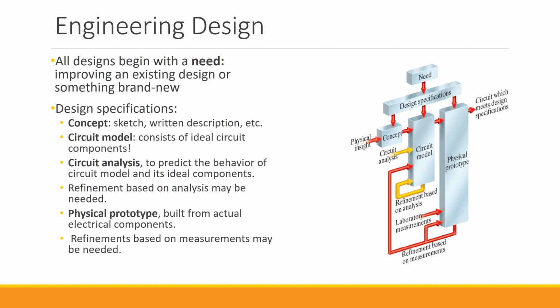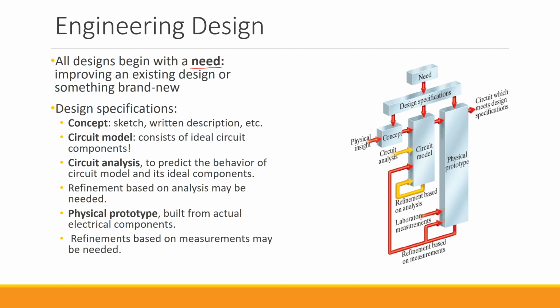So all designs begin with a need. So what do you need your circuit to be doing? Based on the answer to that question, is it possible to improve an existing design, or do you need to create something brand new? Because depending on your answer, you should take different routes. But generally speaking, there are some specifications for every design.